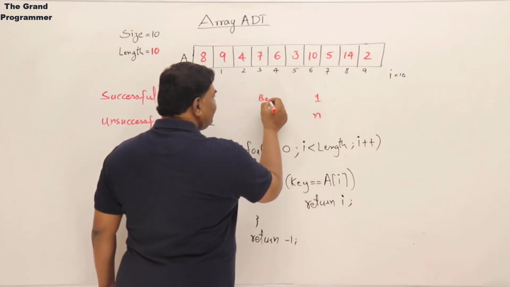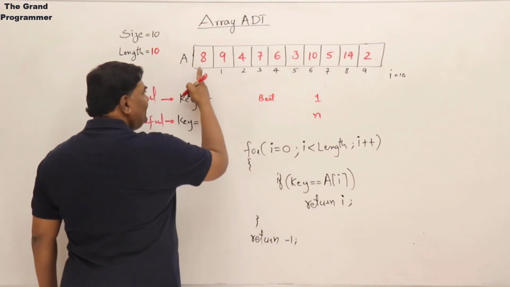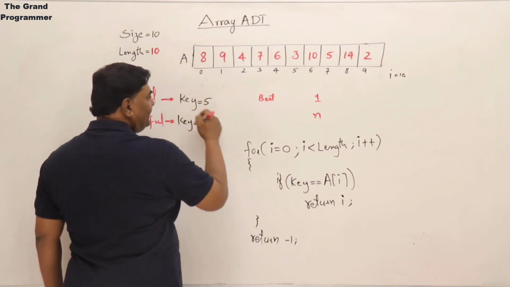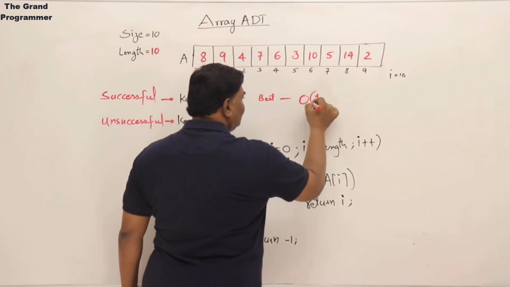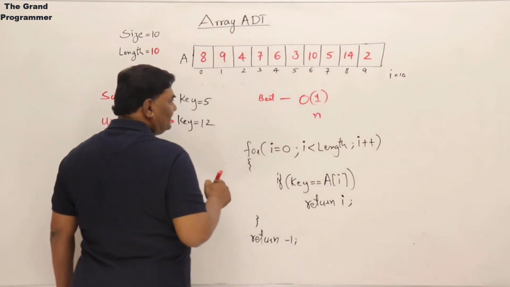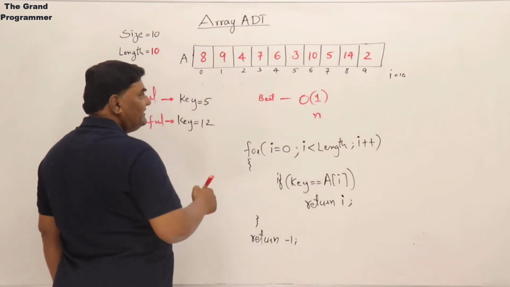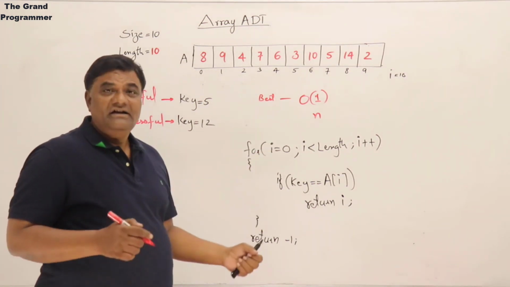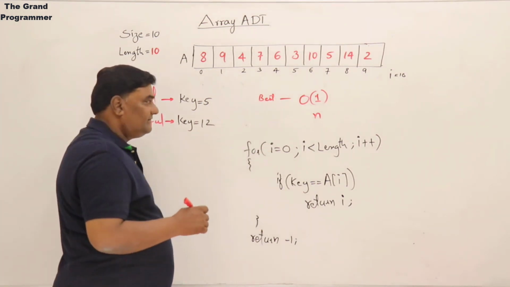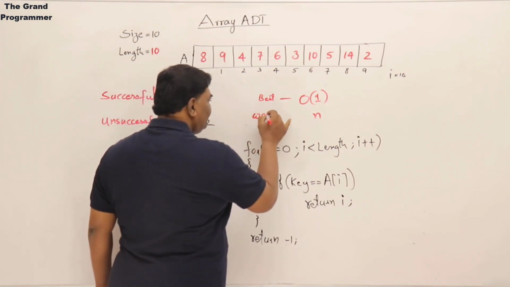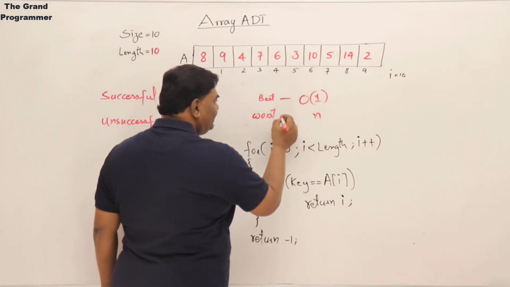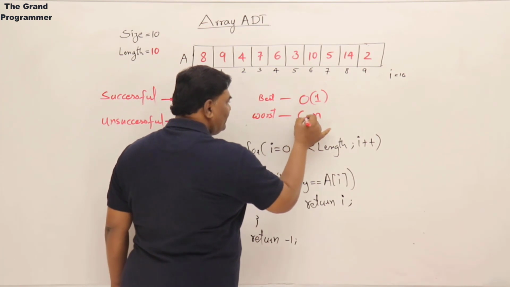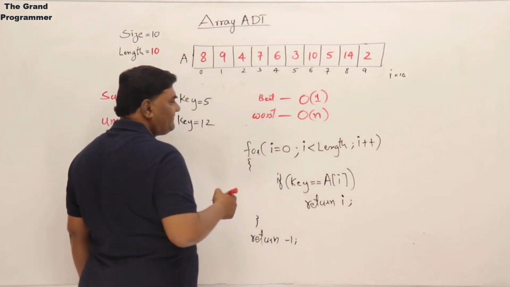The best case is that the element we are searching for is found at the first place, and the time is order of 1. Best case time is 1. And the worst case is if you are searching for an element which is present at the last index, and the time is order of n. So the time taken for the worst case is order of n.